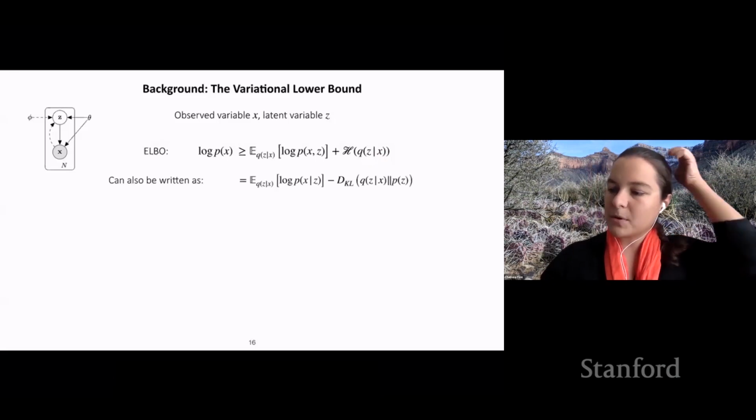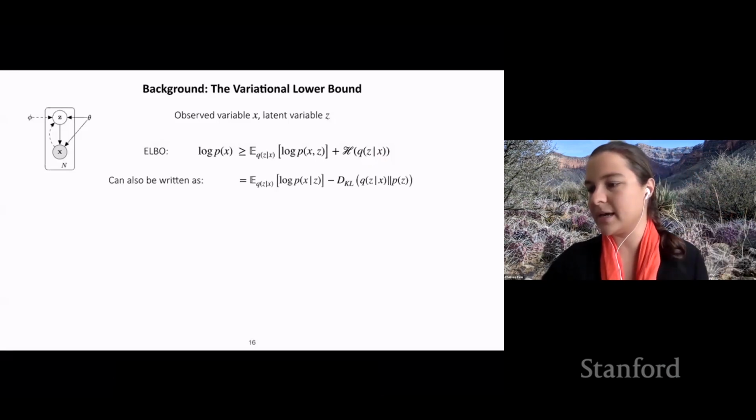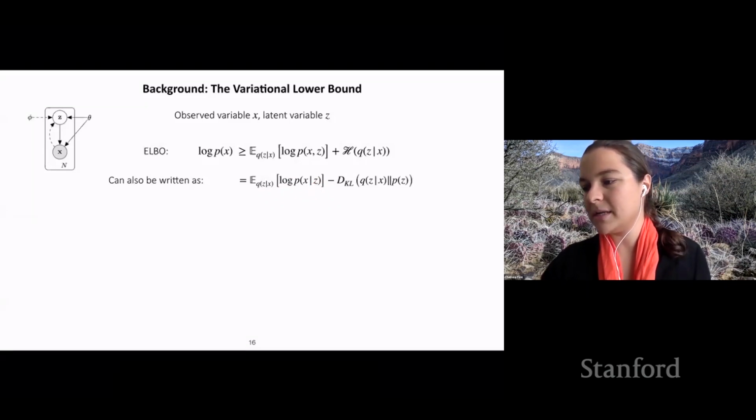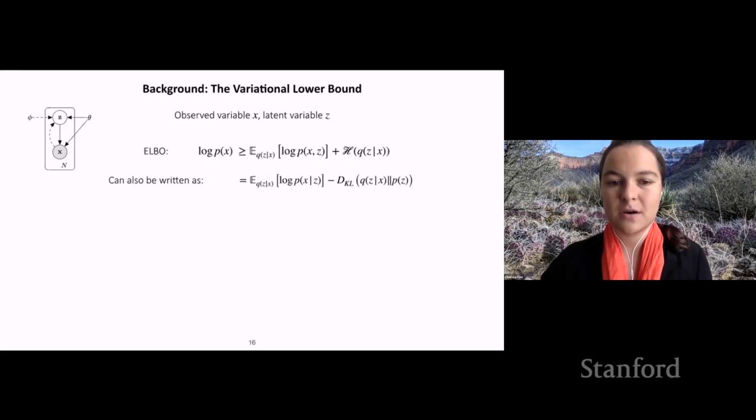And perhaps the more common way to write this is the likelihood of samples decoded from our latent space minus the KL divergence between our variational distribution and our prior over Z.